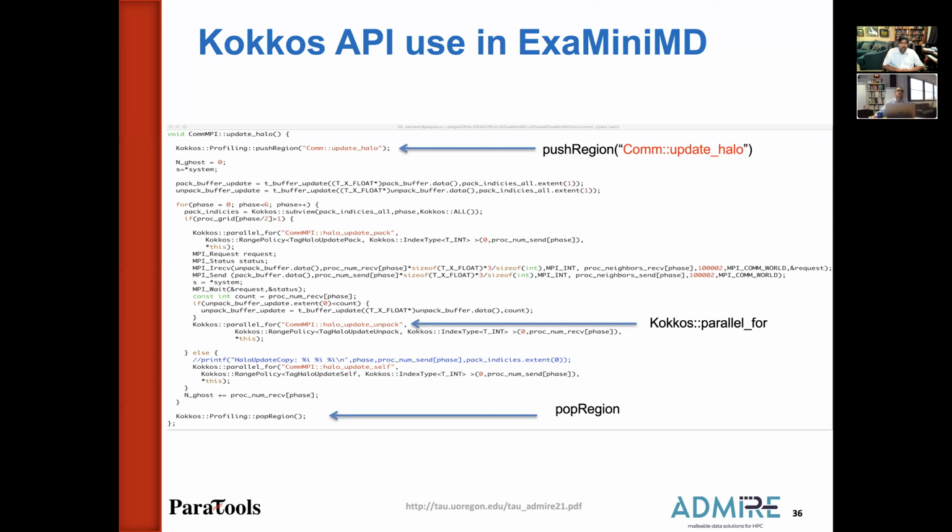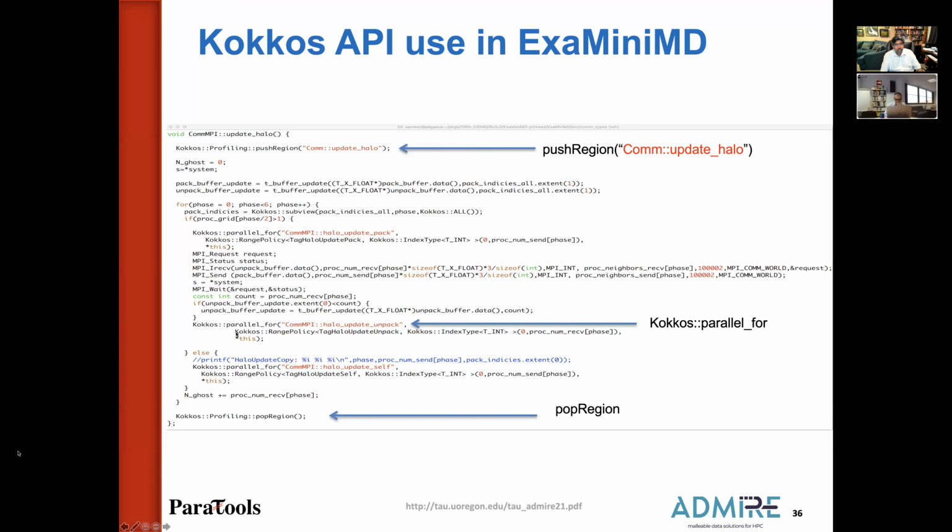And you can see that the user can specify regions. So you can say push region, pop region in Kokkos. You can specify parallelism in the form of parallel_for, with the first argument describing what that operation is, and the second argument, which is a lambda function in C++.